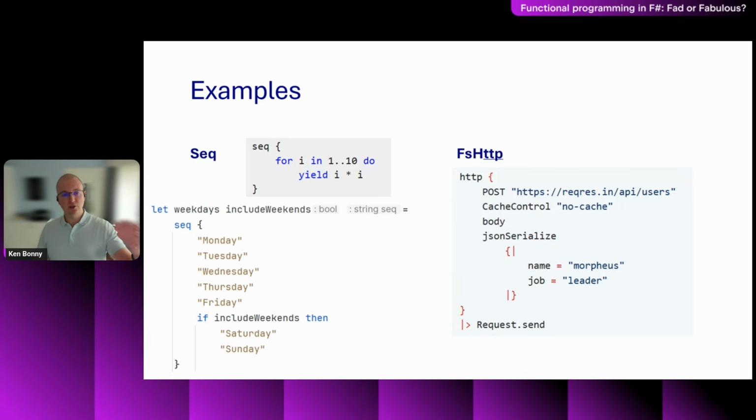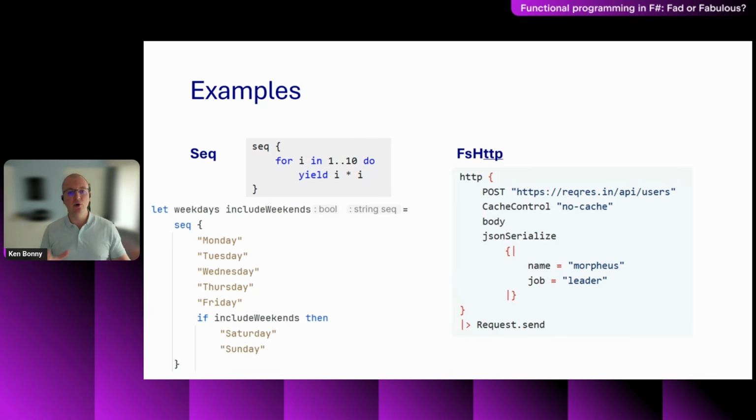But you can always also use this to list all the days of the week or a number of specific values, including optional weekends. And we can add this with a Boolean that specifies whether we want the weekends or not. Because in the seq computational expression, the yield keyword is implied. Every line that is a value will be returned as one of the values in your sequence.